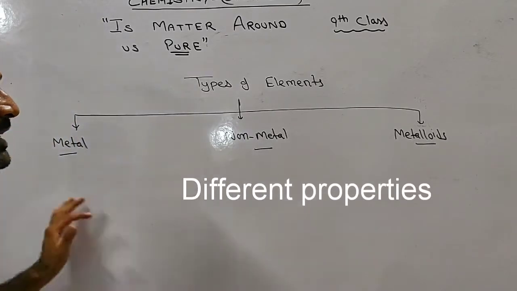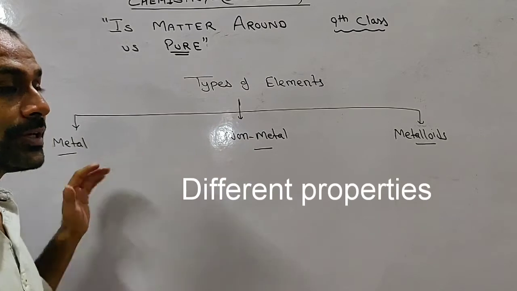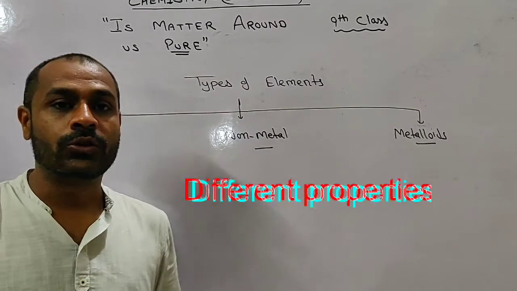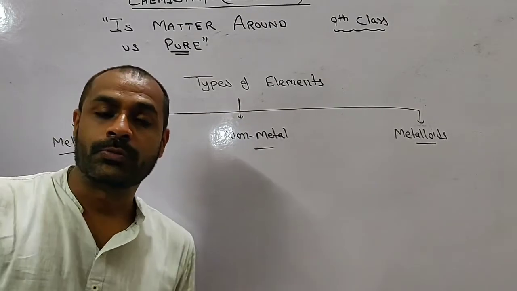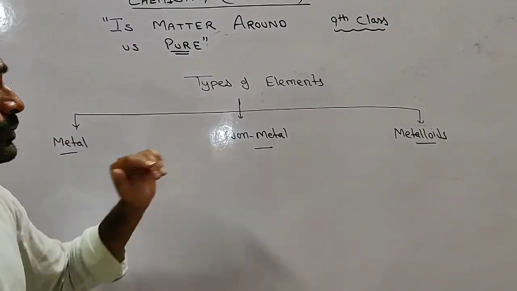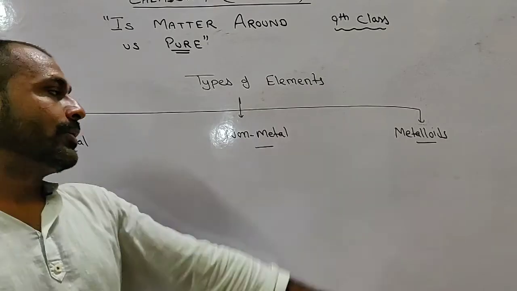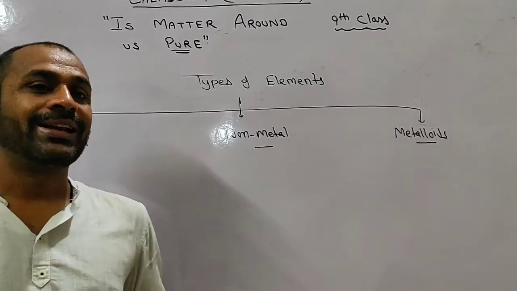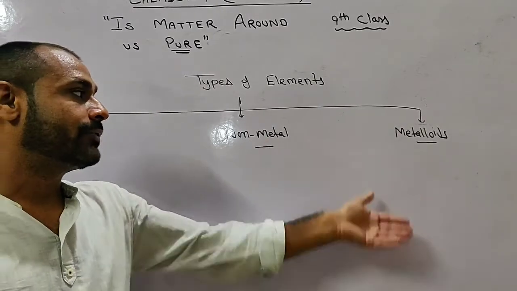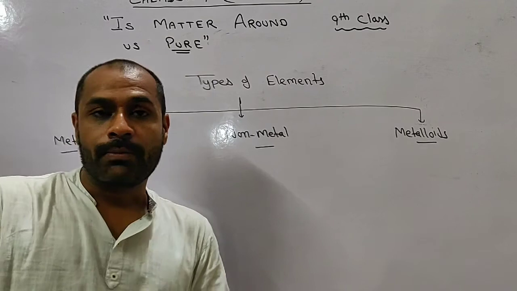If metal shows some kind of property, the non-metal shows the opposite property. And metalloids show in-between properties between metals and non-metals. Fine. One by one we will discuss metals, then non-metals, and afterwards the metalloids.